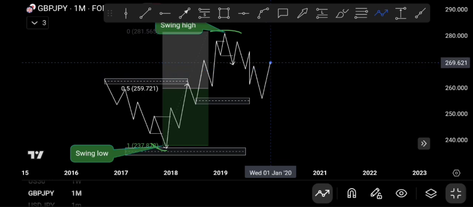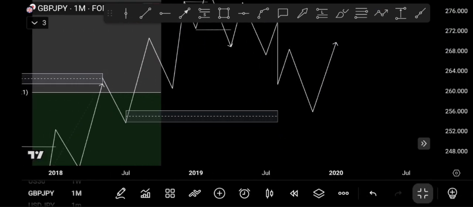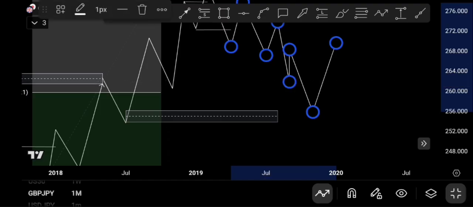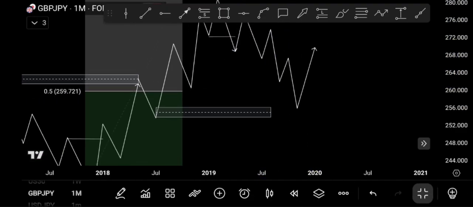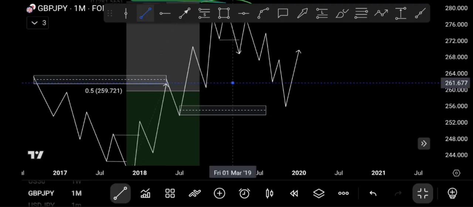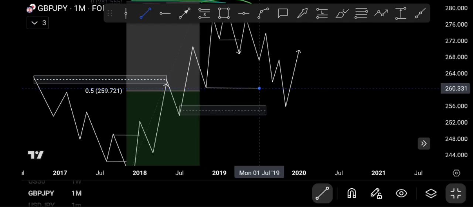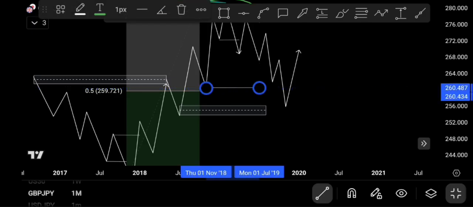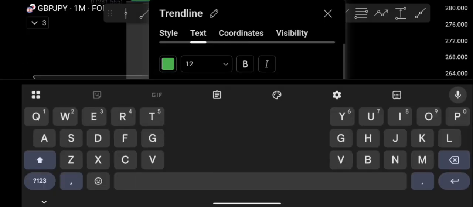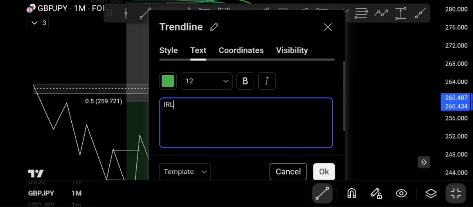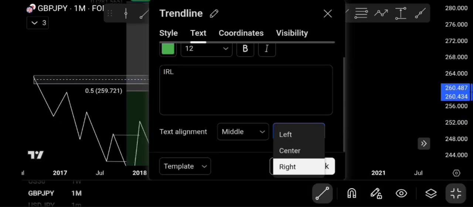Now let me draw this well. Liquidity being swept. This is our IRL, our internal range liquidity being taken out.